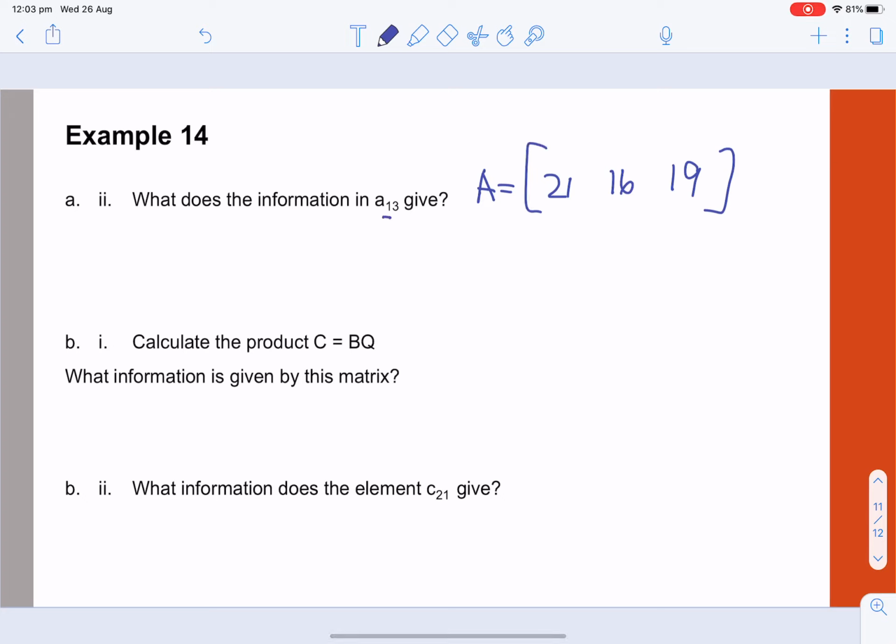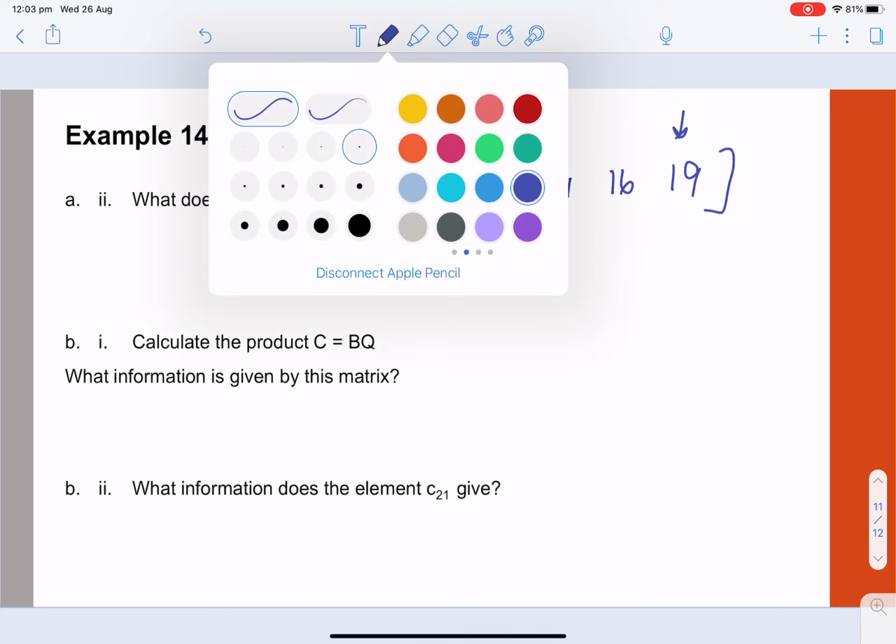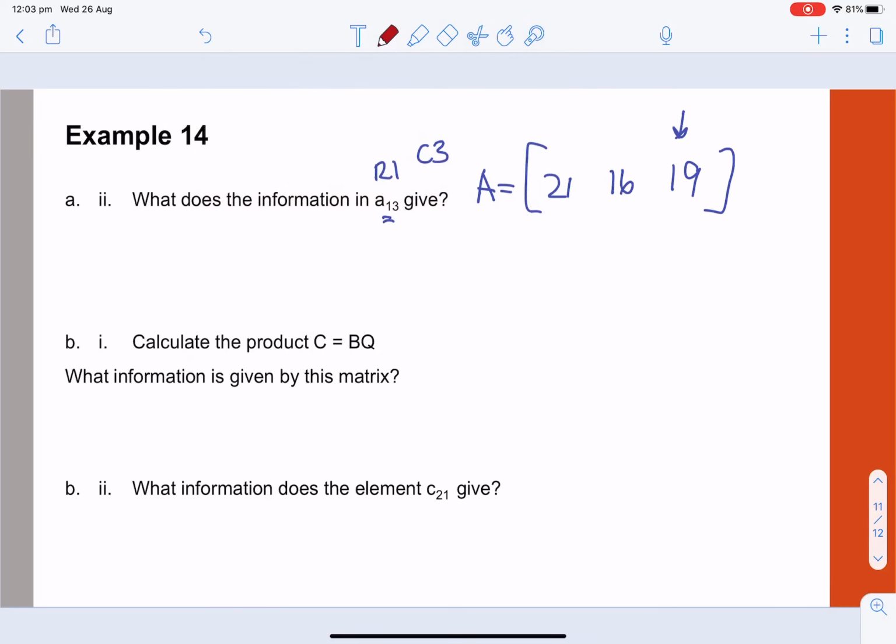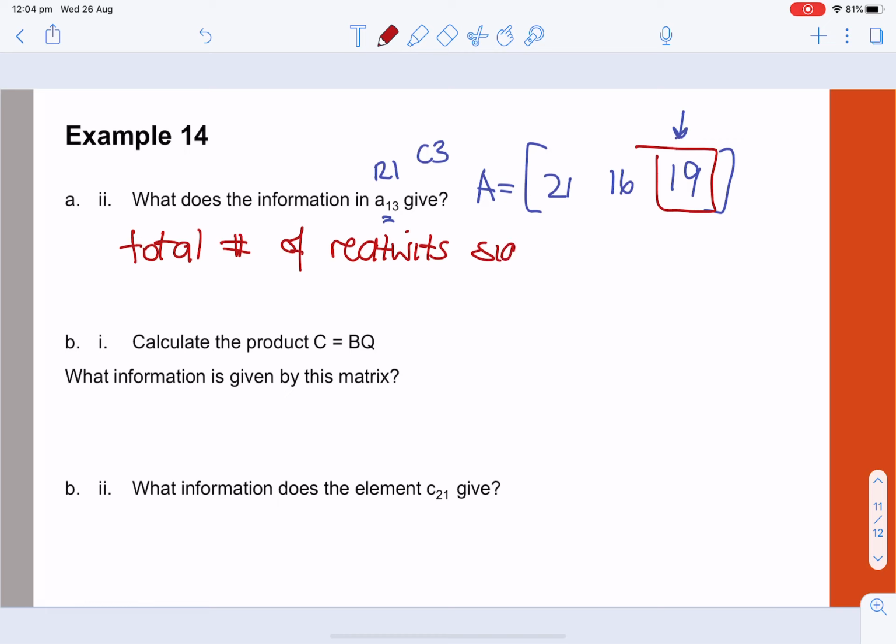And 1-3 means row 1, column 3. So we've only got one row, so we look at column 3, which is the 19. And that element indicates the total number of red twits sighted on the weekend.